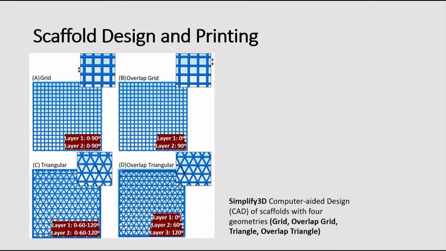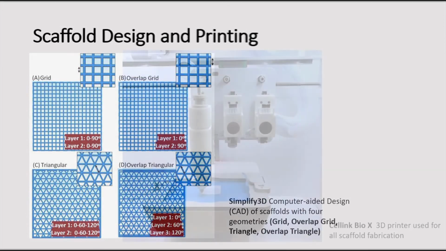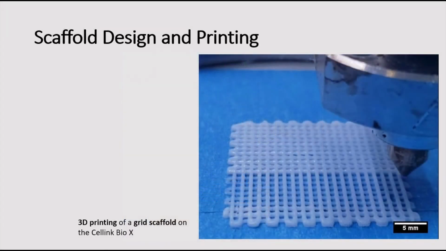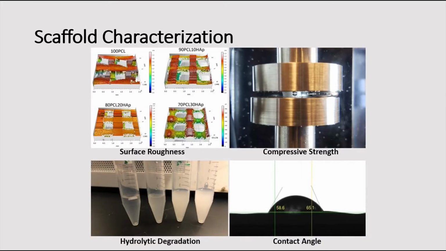To study the influence of pore geometry, scaffolds with 4 different pore geometries, grid, overlap grid, triangle, and overlap triangle, were designed to have pore sizes between 350 to 500 microns. The scaffolds were 3D printed using the optimum parametric combinations identified from the 2-step optimization tests.